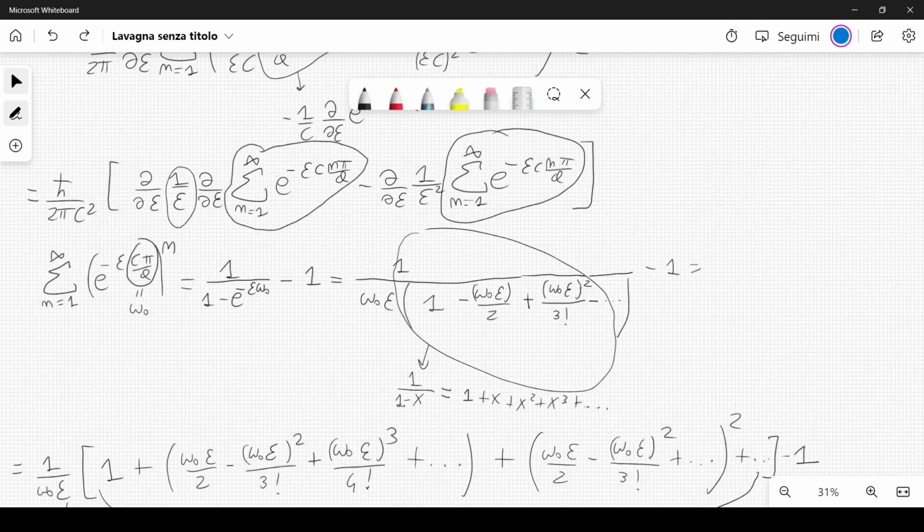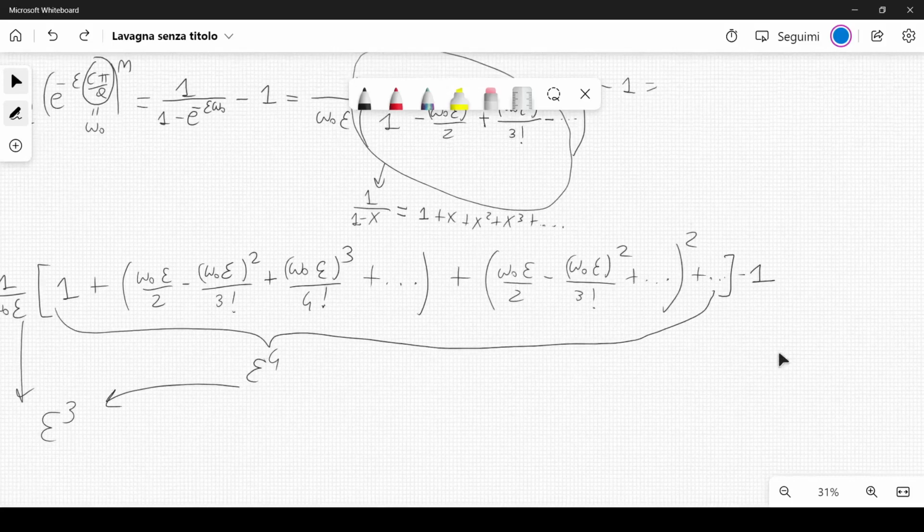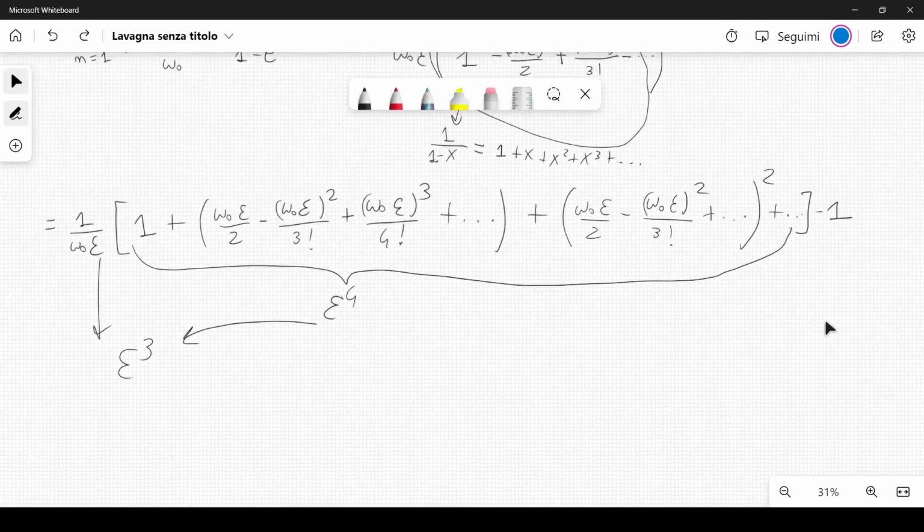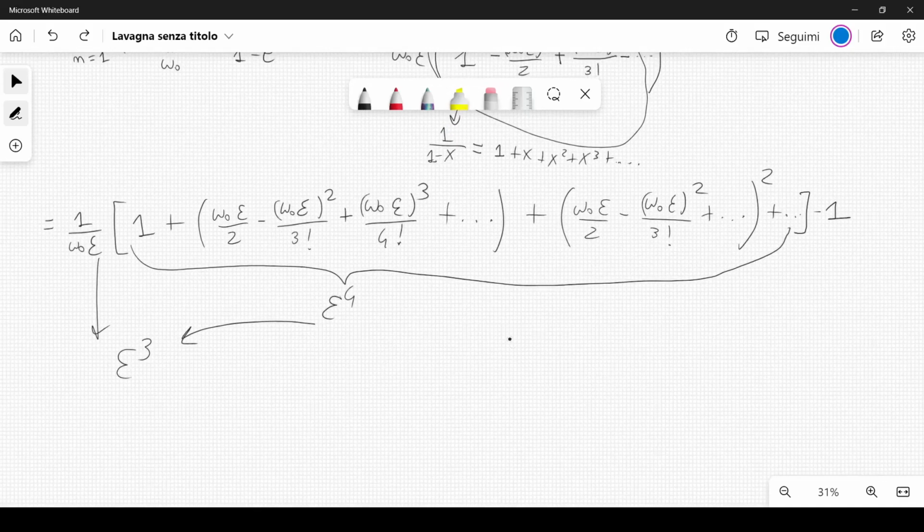Then when you divide by epsilon, you get something proportional to epsilon, and when you take the derivative, you get a constant. So the non-divergent part of the series is derived by considering the term proportional to epsilon to the fourth from all these summations. That's quite easy to realize.